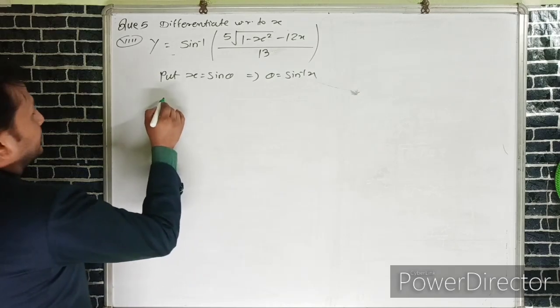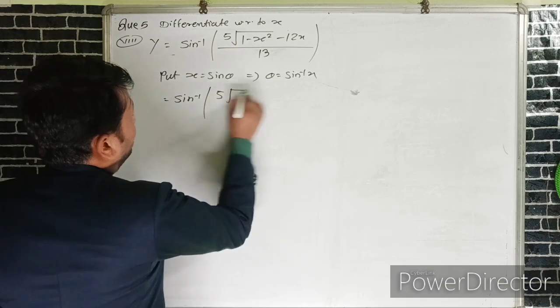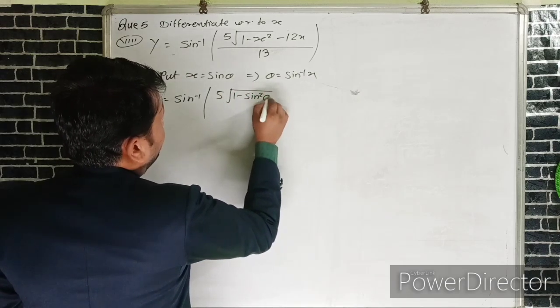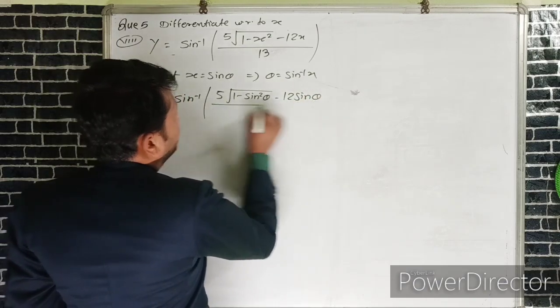Now y becomes sin inverse of 5 under root of 1 minus sin square theta minus 12 sin theta upon 13.